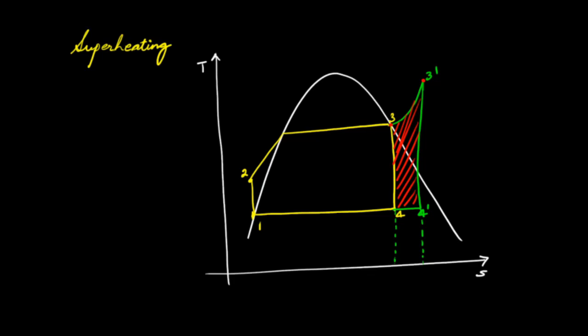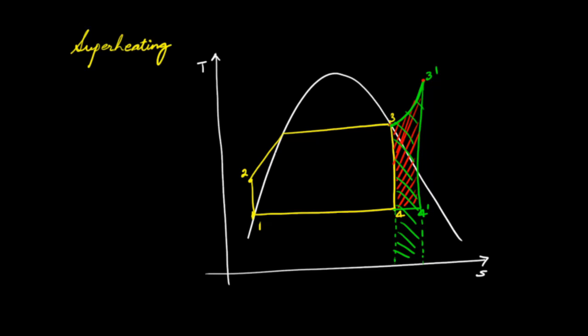Whereas the increase in the heat that is absorbed by the cycle is this area under this curve 3 to 3 prime. So this is the increase in heat that is absorbed due to superheating.